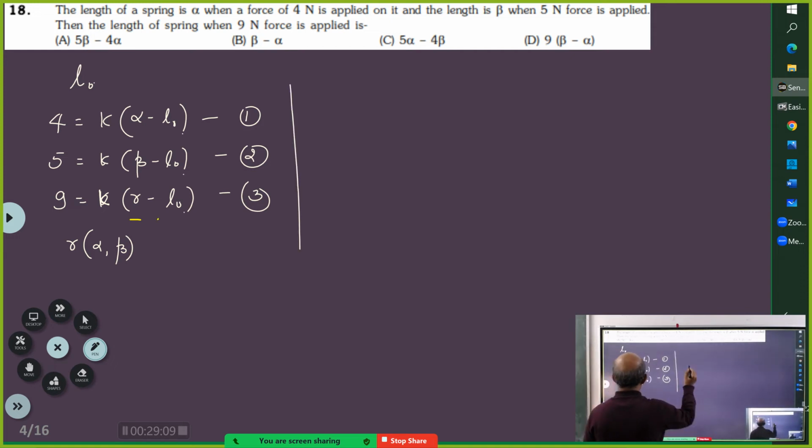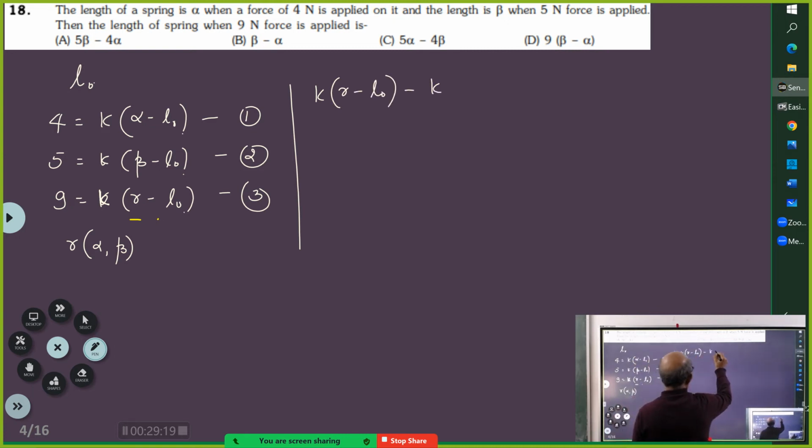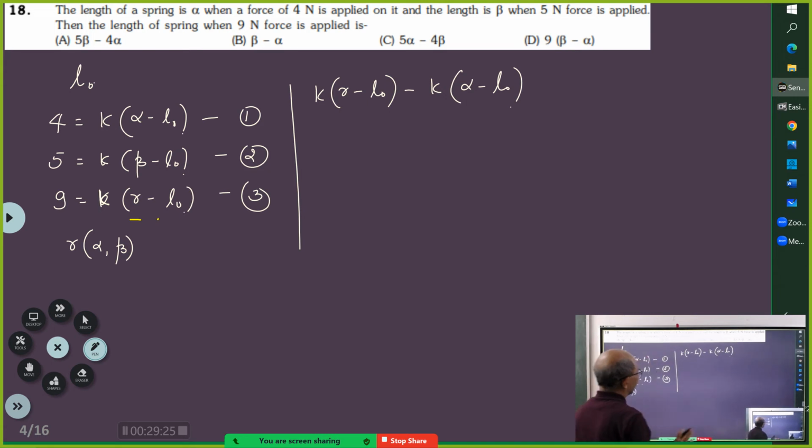So my logic would be K into gamma minus L naught minus K into alpha minus L naught. Okay, so the L naughts will get removed.